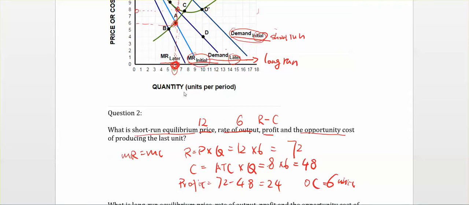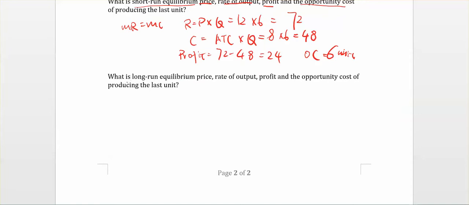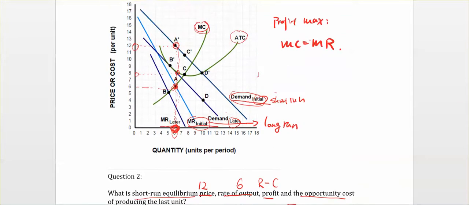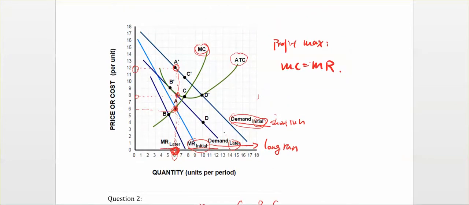Now let's look at the second question. What is the long run equilibrium price, rate of output, profit, and opportunity cost of producing the last unit? The idea is similar, but we change the curves. Instead of the initial demand, we look at the later demand. Instead of the initial marginal revenue, we look at the later marginal revenue.